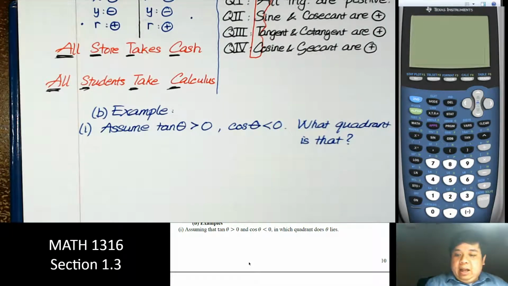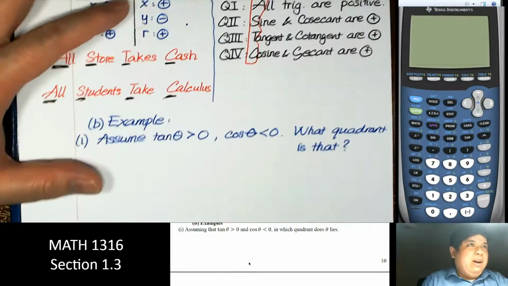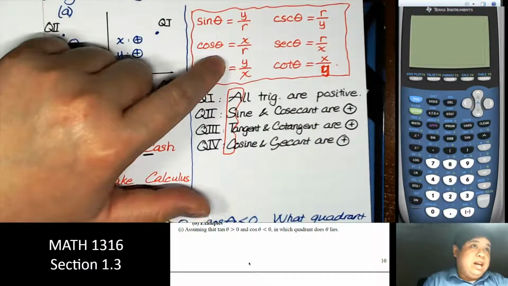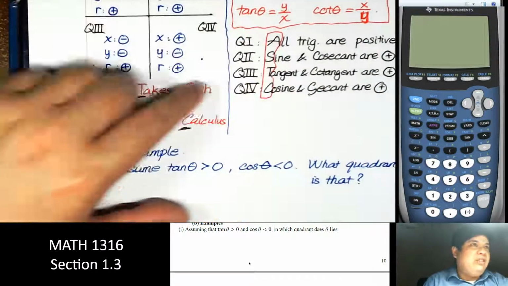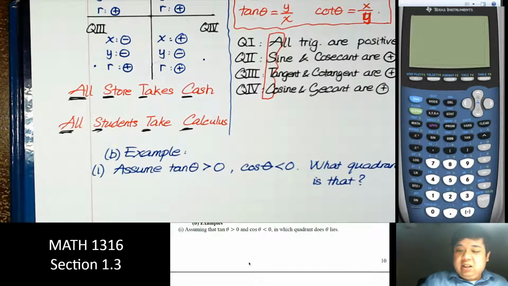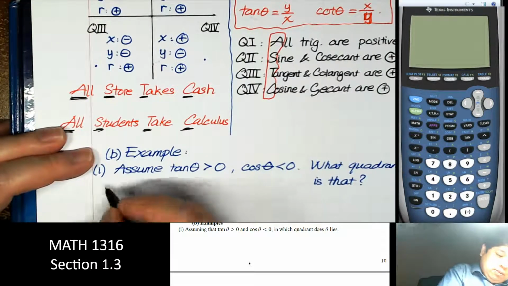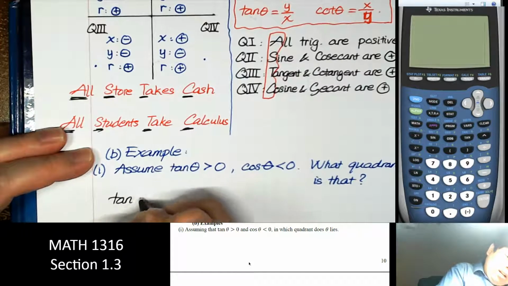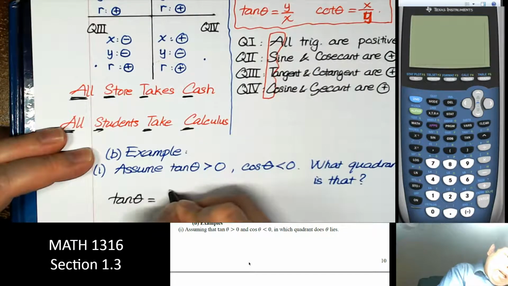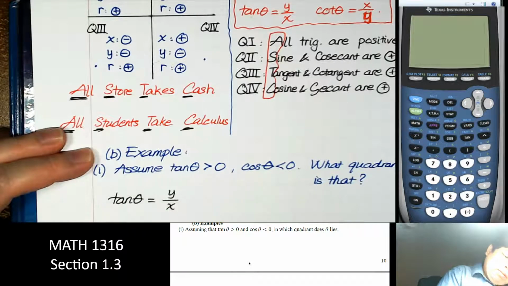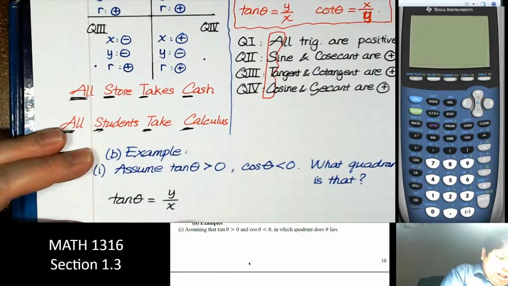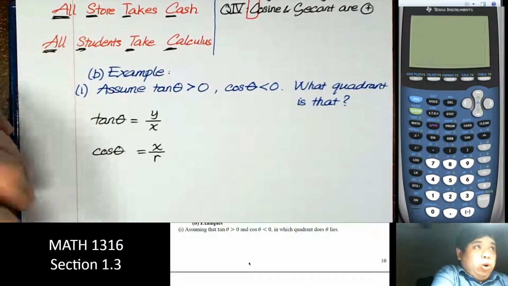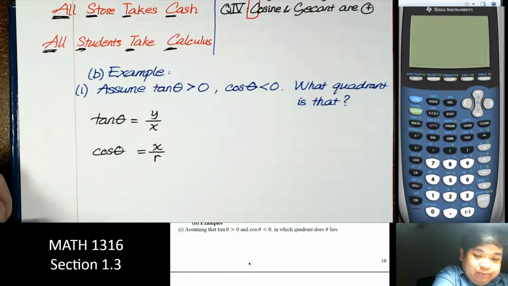Now, even though you have that mnemonic, it's kind of nice and all, but I prefer to just go back to the fundamental, meaning the definition. Tangent is y over x. Cosine is x over r. Those definitions we have to know, we have to memorize.